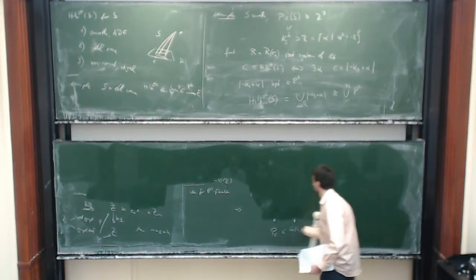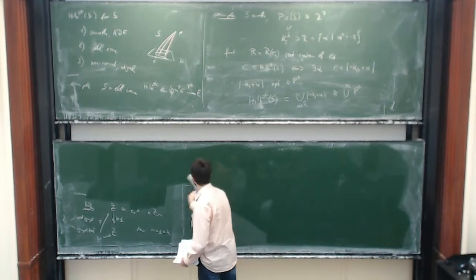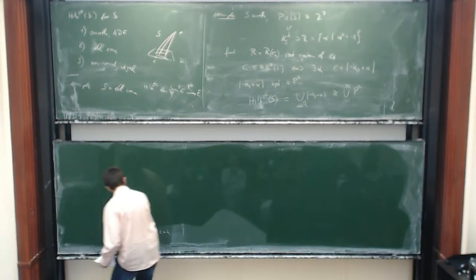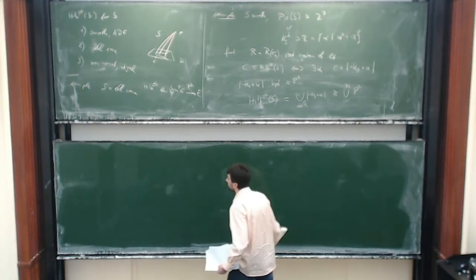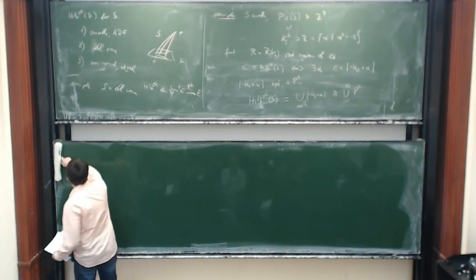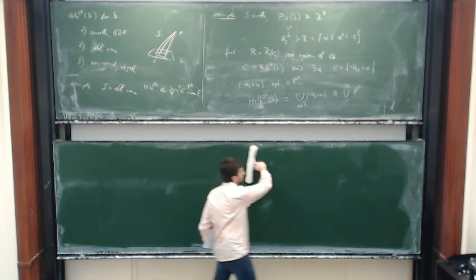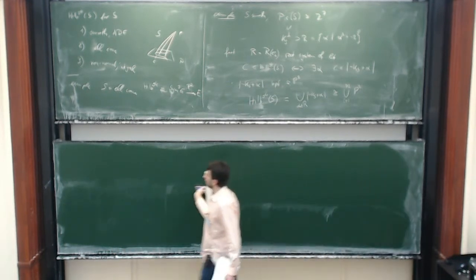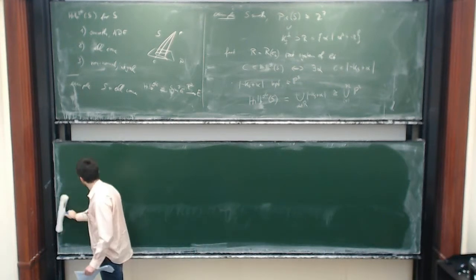We need to do it somehow universally, because in fact we have such a moduli space of curves for a cubic fourfold.